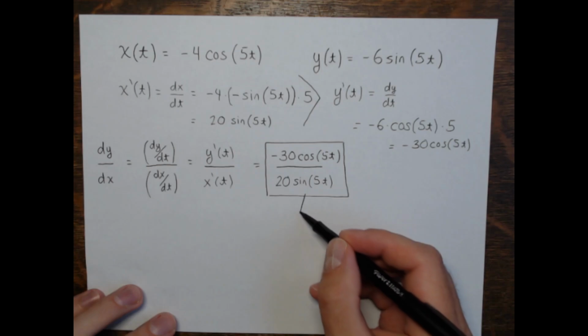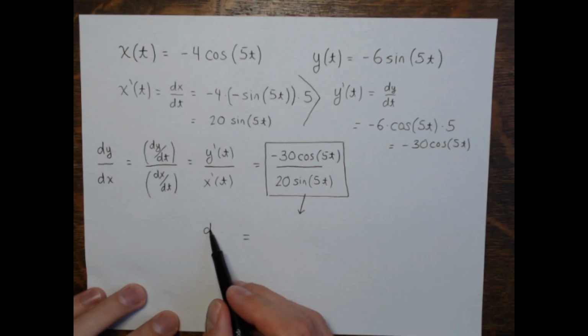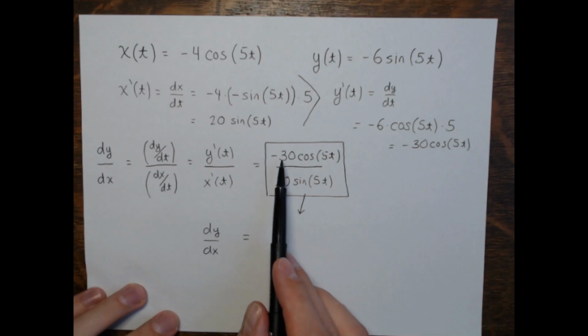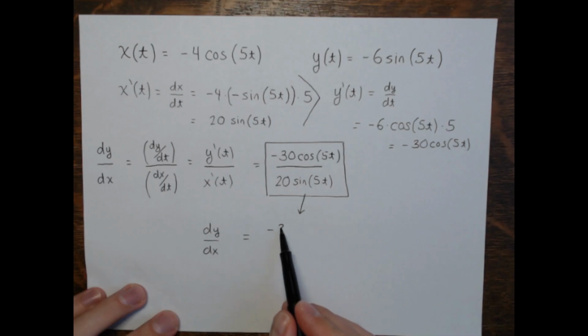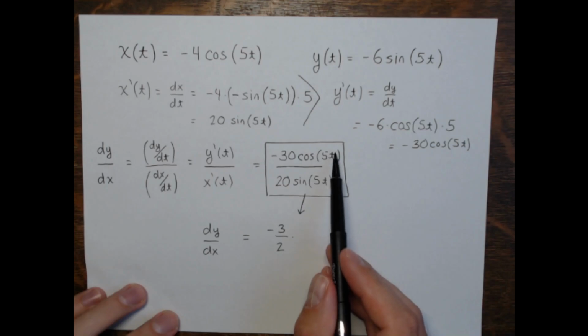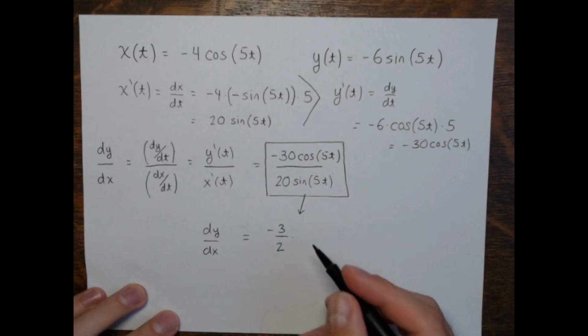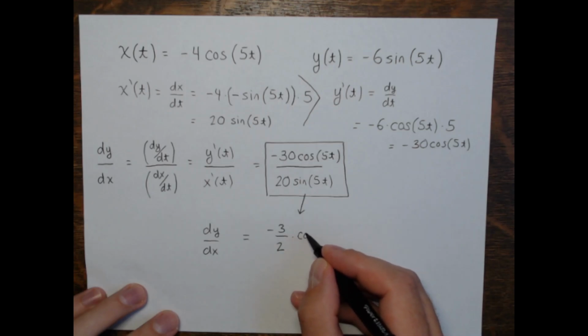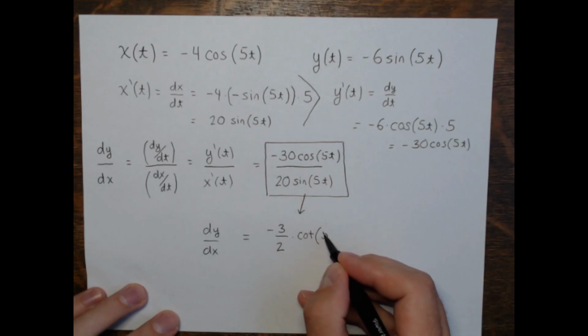Now, of course, we have to simplify things. So dy over dx, let's see, -30 over 20, those have a common factor of 10, so that'll be -3/2 times the cosine of 5t divided by the sine of 5t. A quicker way of writing that would be the cotangent. Remember cosine over sine?